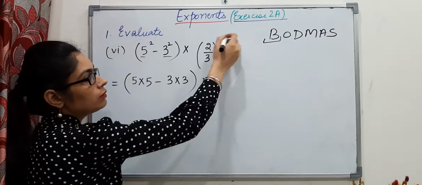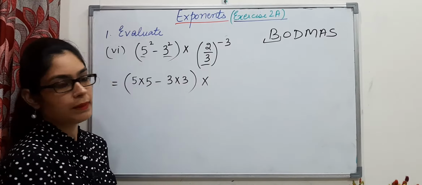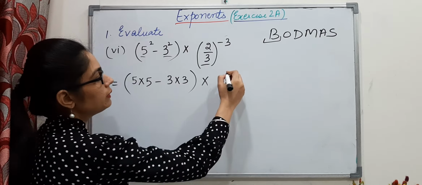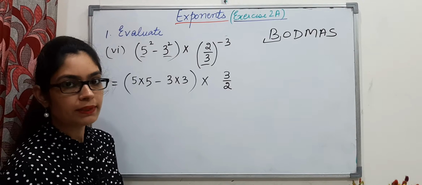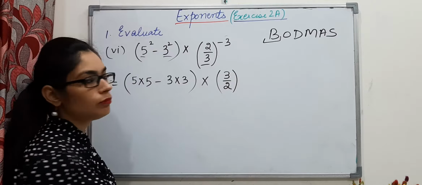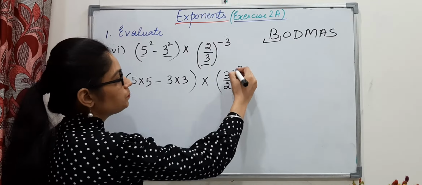Here the power is negative, we can make it positive by taking the reciprocal of the base. So the base is 2 by 3, if we take its reciprocal, it will change to 3 by 2. The numerator will change to the denominator, and the denominator to the numerator, and the power will change from minus 3 to plus 3.